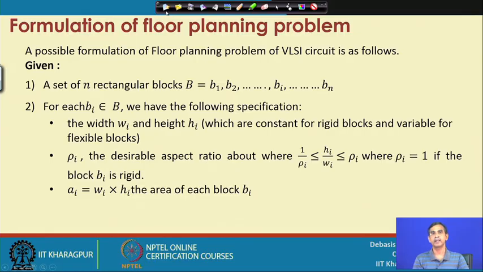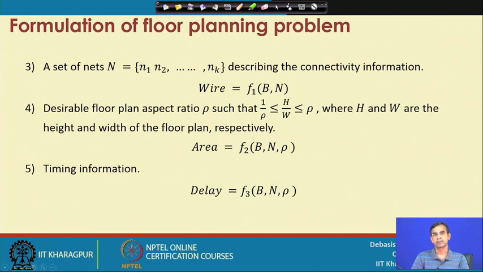Given W I and H I, we can easily understand the area of the block. A I denotes the area of the ith block B I. So, this is the specification of the problem at hand.